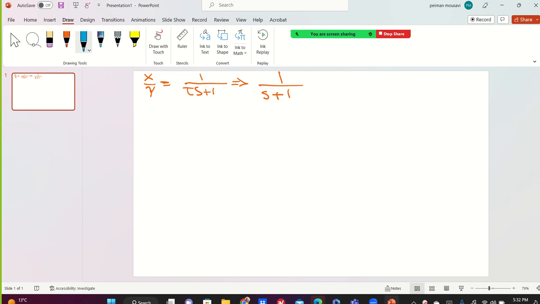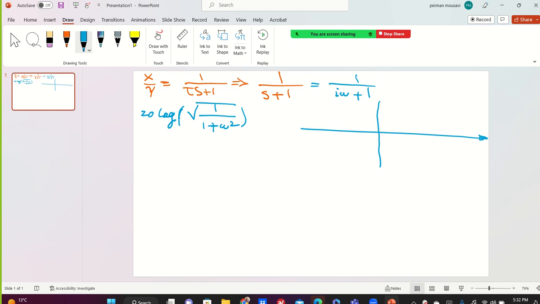What we did, we replaced s with j omega, so j omega plus 1, and we had 20 log in base 10 of 1 over the square root of 1 plus omega square, and we plotted the amplitude part of the Bode diagram.